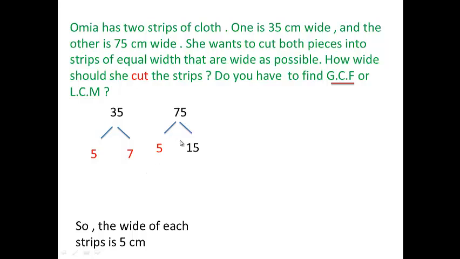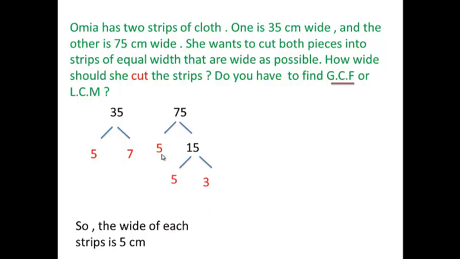Now 75: 5 by 15. 5 is a prime. Do you remember prime numbers? 2, 3, 5, 7, 11, 13, and so on. 15 is not prime, so we will break it into two numbers multiplied by each other that give us 15. Yes, 3 multiplied by 5.